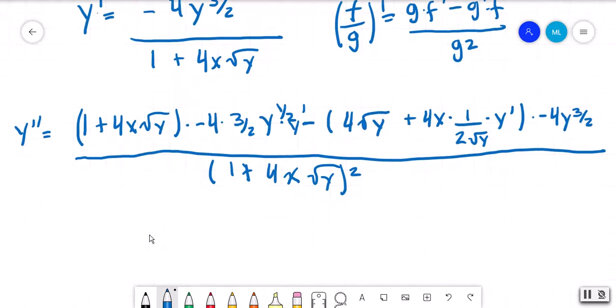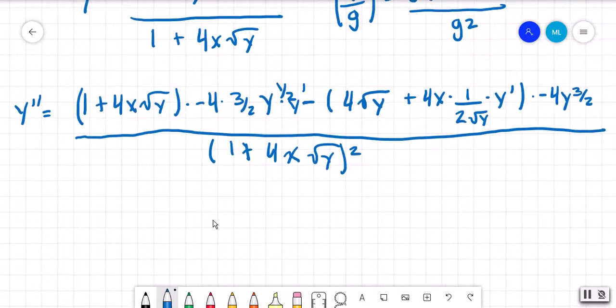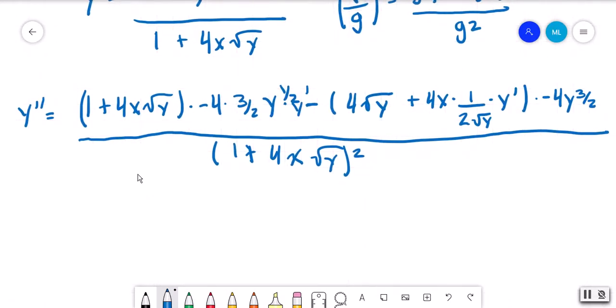Now, unfortunately, as I go ahead and reduce a little bit more, you're going to note that there's not really too much that's going to happen on the initial simplification. So we have 1 plus 4x root y, and then that's going to be negative 6 times negative 6 y to the 1 half minus, now it's up to you if you want to reduce or not and distribute if you want to.